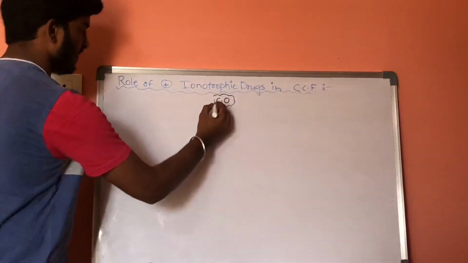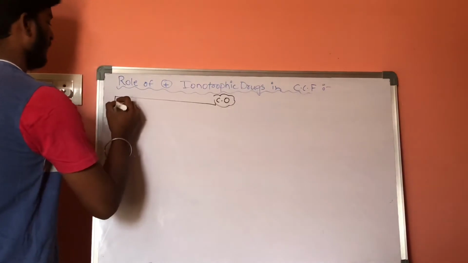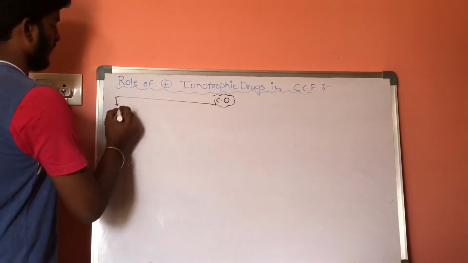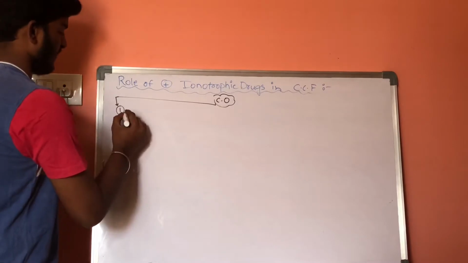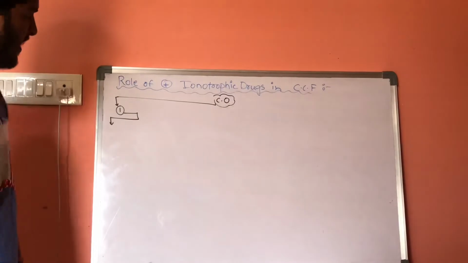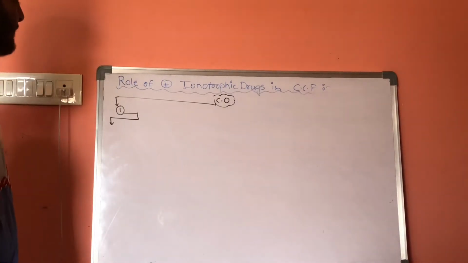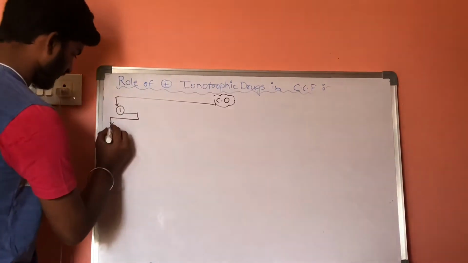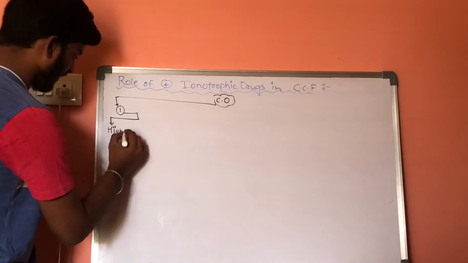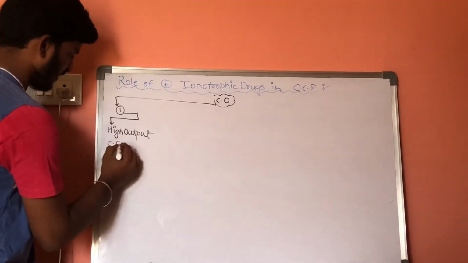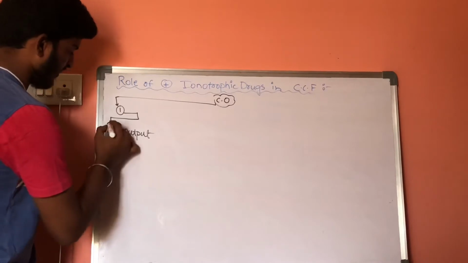First class is, under the first class, it includes high output congestive cardiac failure, high output cardiac failure.